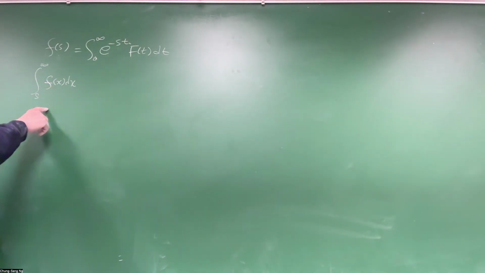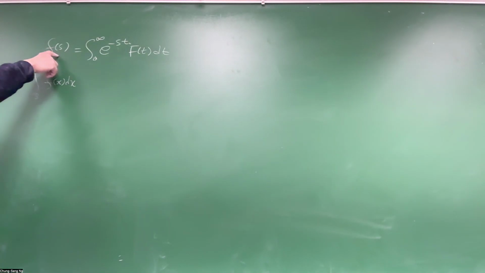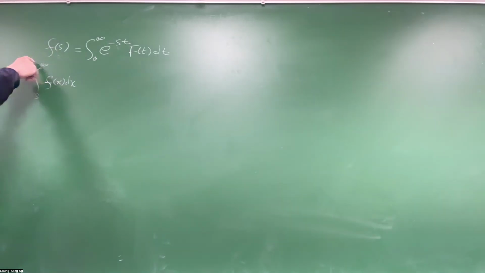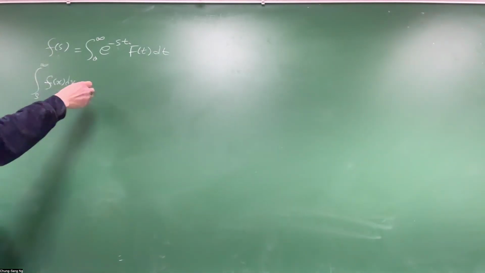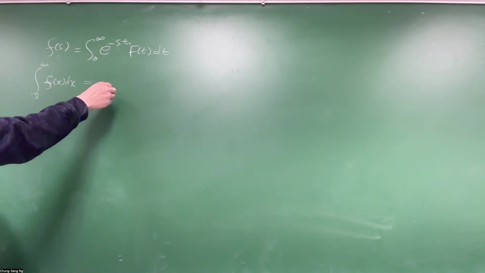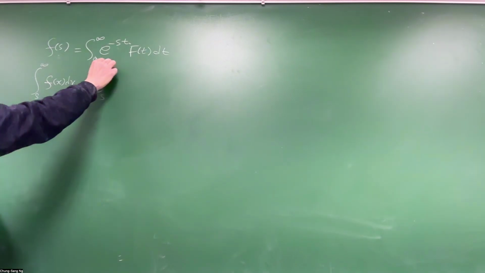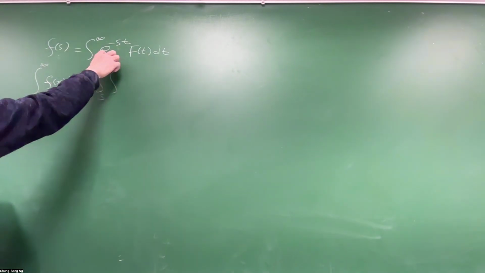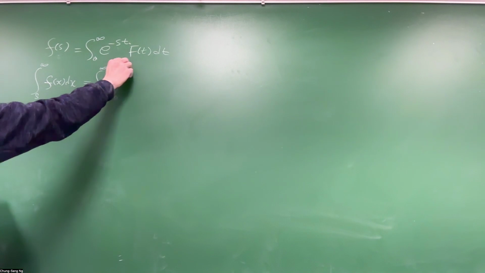So you integrate the transform from s to infinity, and what you do is substitute this in here. Now integrate this, put into here. You need to change your variable.